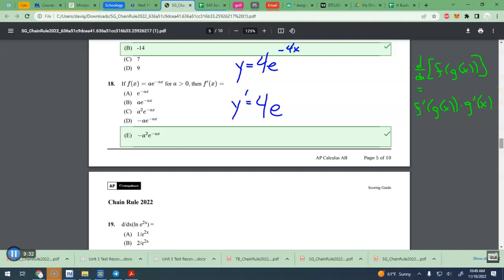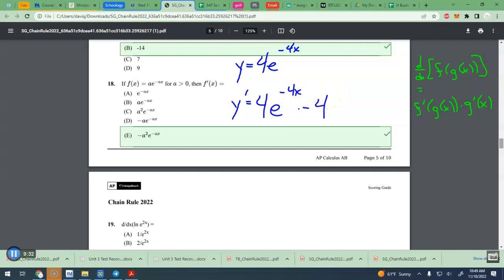That's your chain rule. So the 4 dropped, that was not chain rule. This e down to this e is me taking the derivative of e. So that's my f prime. What do I do with g of x? I leave it. Keep it. So that negative 4x still goes there. And then I get to g prime. So what's the derivative of negative 4x?